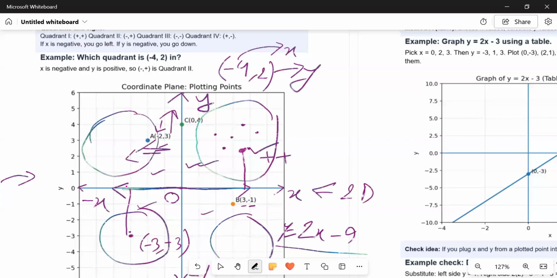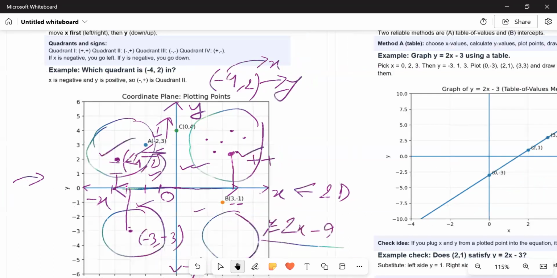So you have to go -4, means towards the left side, you go 4 steps here, and then you have 2, so you go 2 steps, and this is where you see -4 and 2. This is in quadrant 2. So this is the convention.